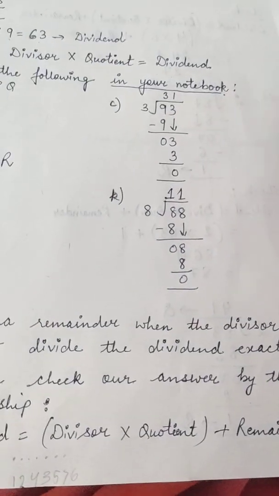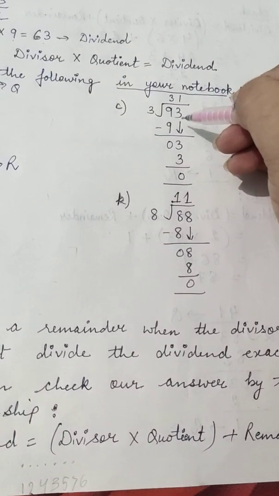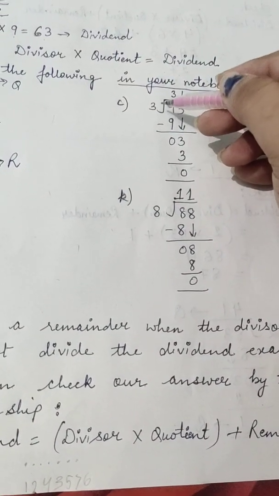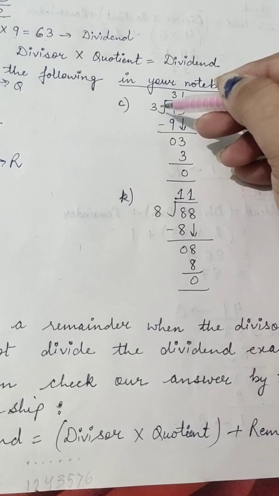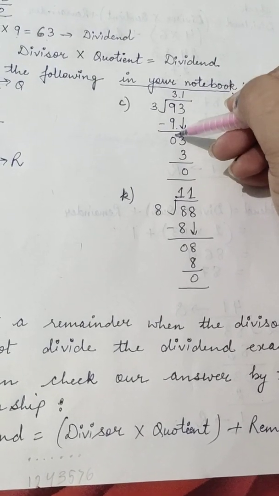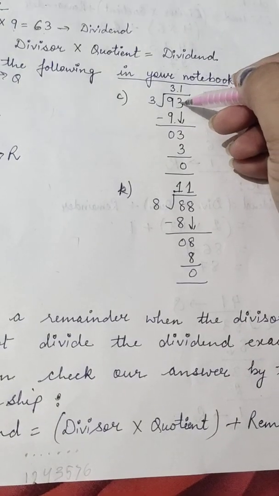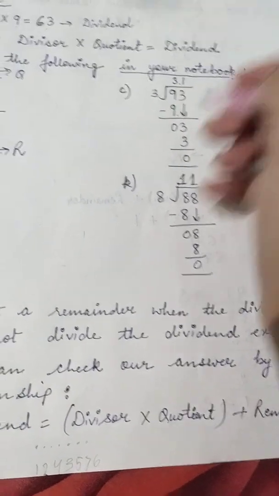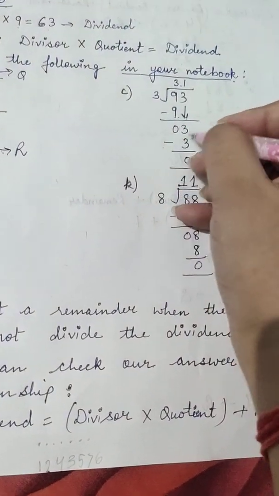Next is C part. You have to divide 93 by 3. Now we have to read the table of 3. 3 3s are 9. 9 minus 9 is 0. Then we have to consider 3 and write it here. 3 1s are 3, and after subtracting it we will get 0.